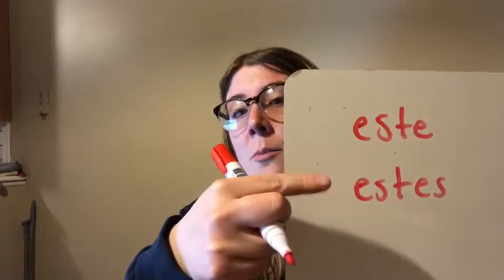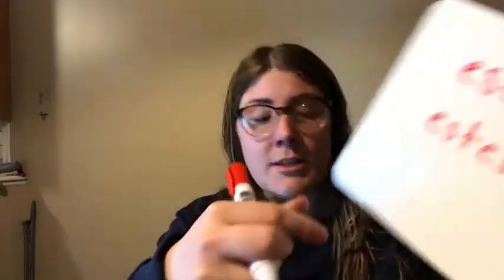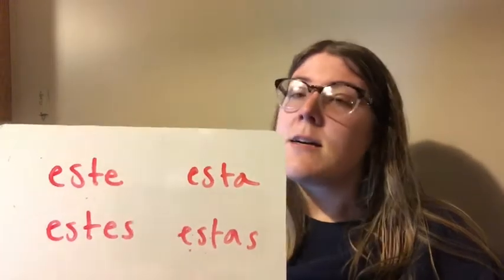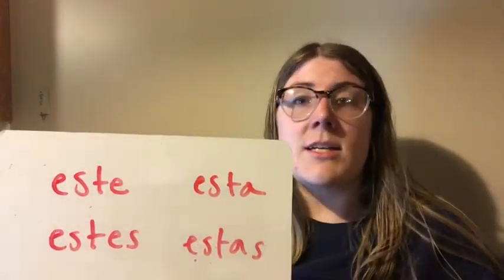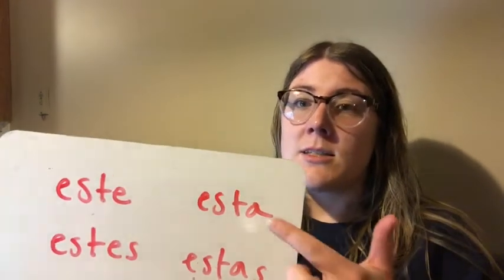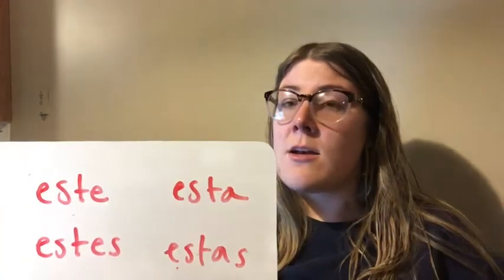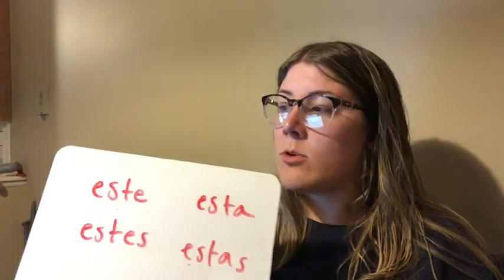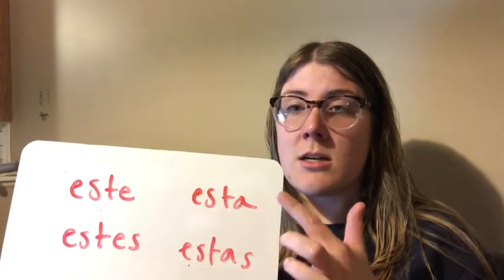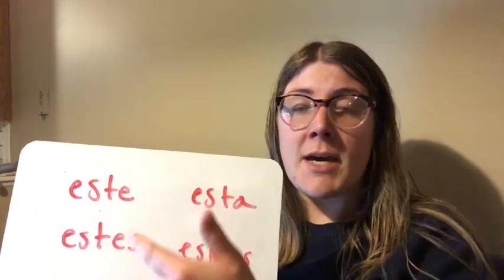Now we have feminine, which is esta and estas. Now, these words look like está, but they don't have the accent marks, so that's how you tell the difference. That's why accent marks are so important. So esta, estas function as this and these. Singular and plural, masculine, feminine.